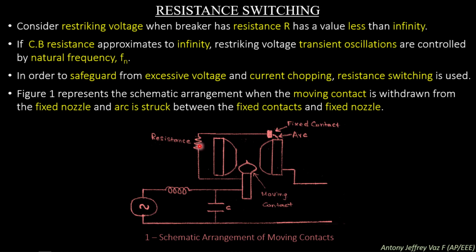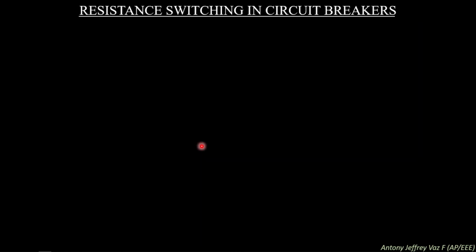This resistance helps in resistance switching, where it will minimize the current chopping effect and the restriking voltage, and also decrease the rate of rise of restriking voltage. You can see the arc is striking between the fixed contact and the main contact. Here, this arc current is minimized by the resistance.